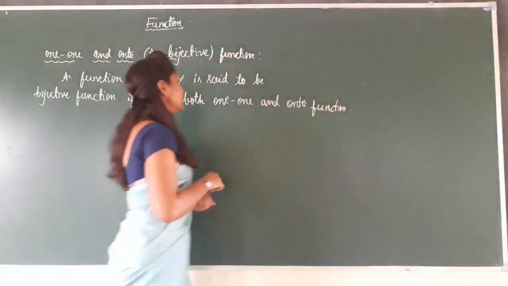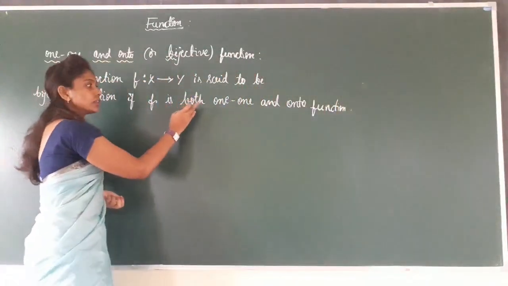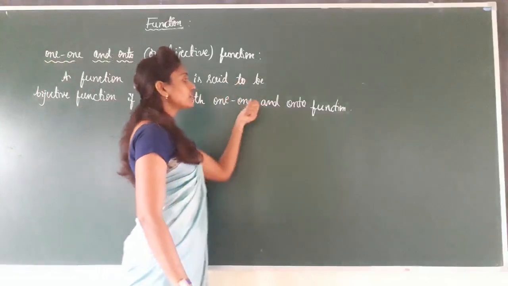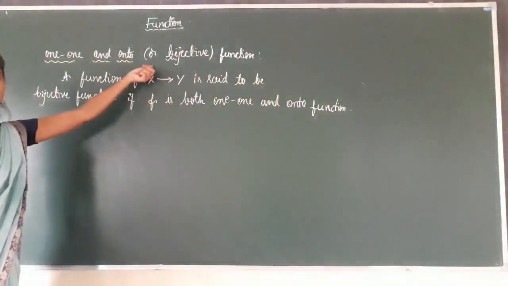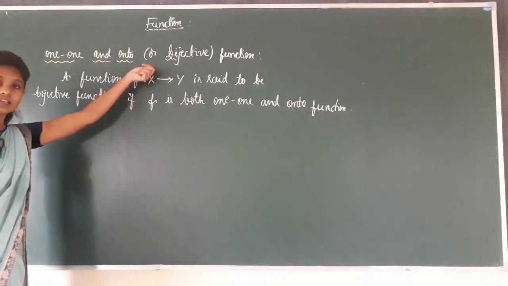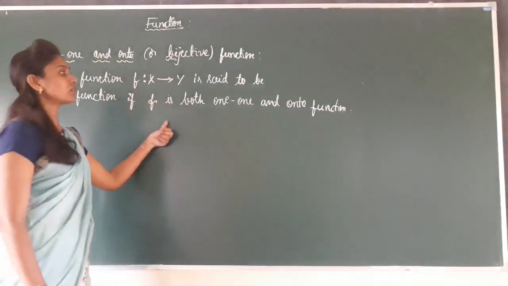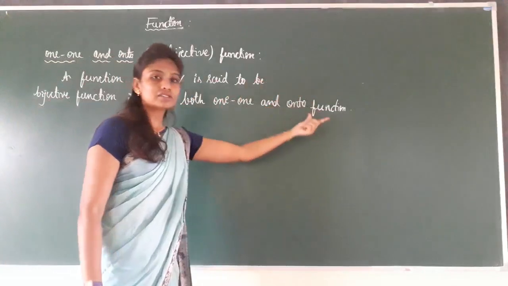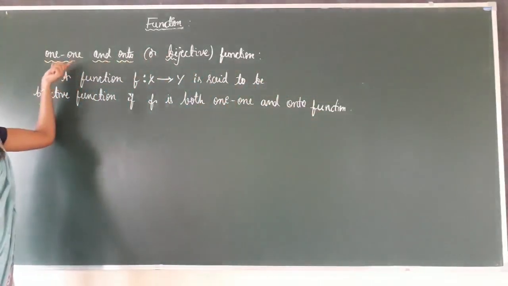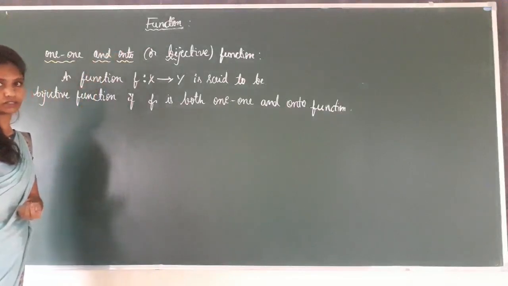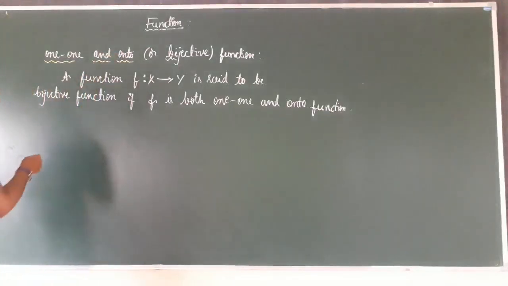If a function is one-one as well as onto, then it is called a bijective function. So a function satisfying the one-one condition and also the onto condition is called a bijective function, or one-one and onto function. See an example.